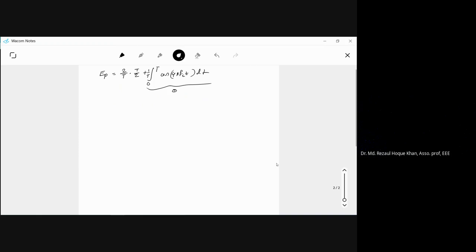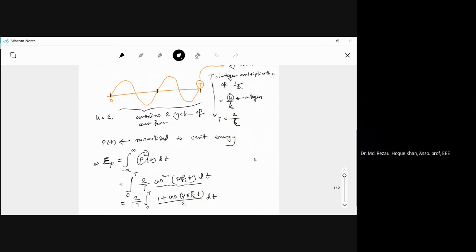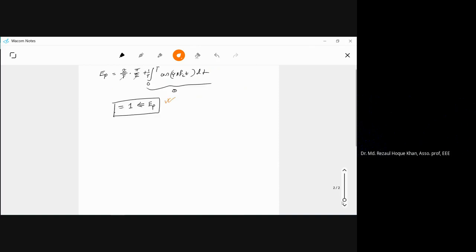Then we have 2 into 1 by 2, so it's actually 1, which is the Ep, the energy per pulse, is 1. That means p(t) is normalized to unit energy. The energy of the pulse p(t) is normalized to unity, which is shown here. That's its derivation. That's how we prove it.